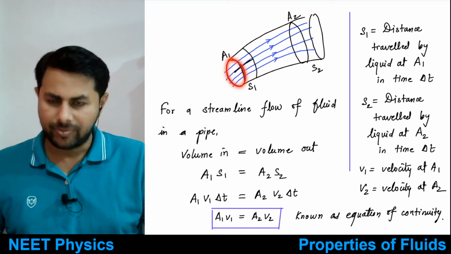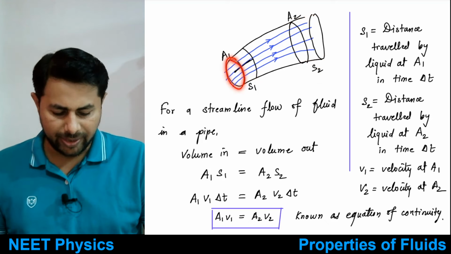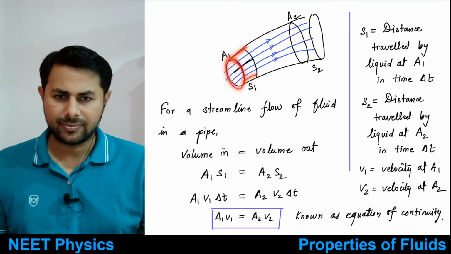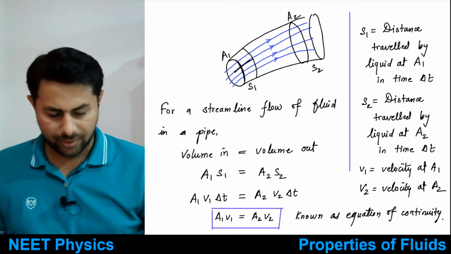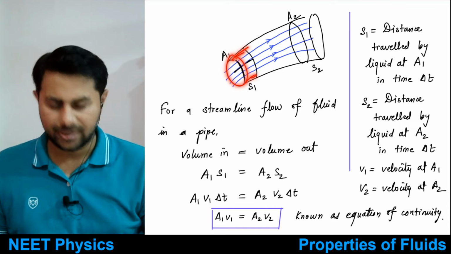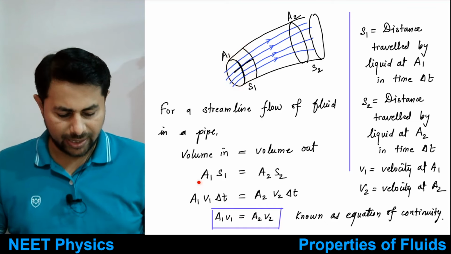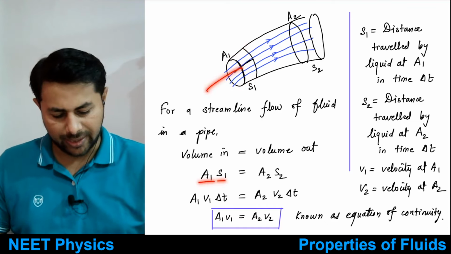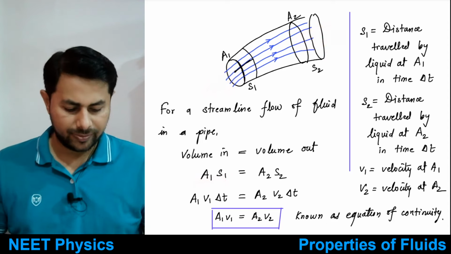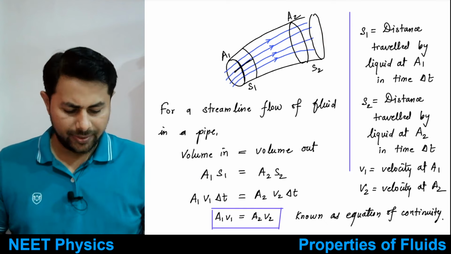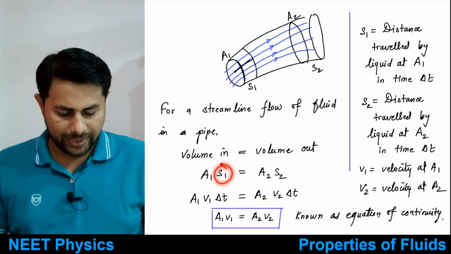So what would be the volume that enters in time delta t? It will be area multiplied by this length, and the volume that leaves will be area multiplied by this much length. So A1 S1 is the volume that enters and A2 S2 is the volume that leaves. Then how can we write S1?